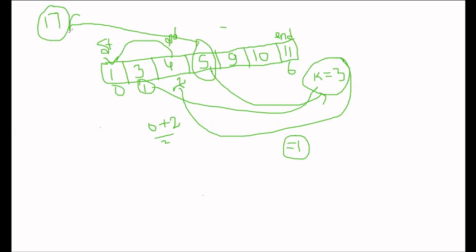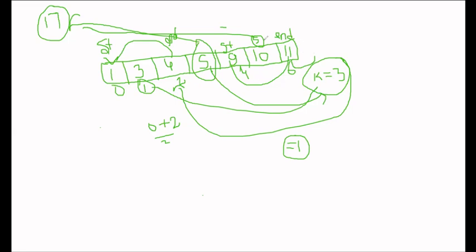That means our value lies after 5, not before 5. So start will be 4 and end will be 6. Mid of this will be 5, so it will compare with 10. 10 is not equal to 17 and 17 is greater than 10, means if 17 lies in our array, it will be after 10, not before 10.